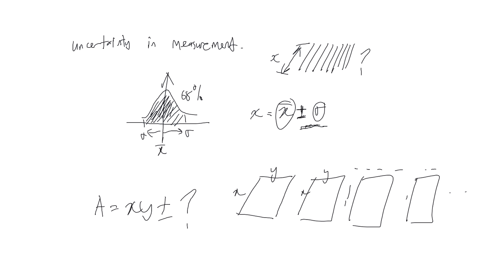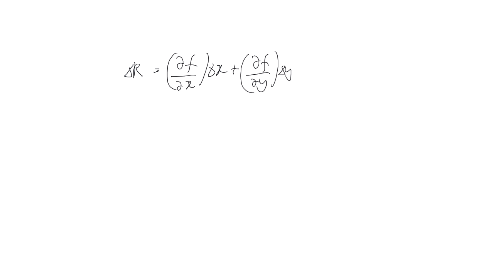So in many references, you may find the uncertainty written as delta r equal to partial derivative of f with respect to x, delta x, and round f round y, delta y, round f round z, delta z, and so on.